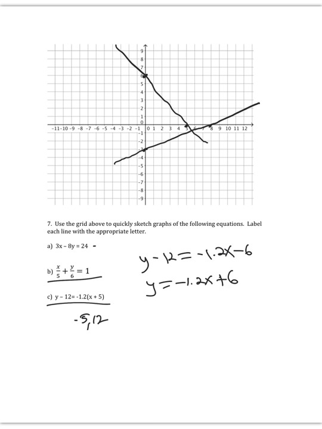So that means that we're going to have the intercept be 0, 6 from that. And when y is equal to 0, we'll find the other intercept: 0 equals negative 1.2x plus 6, or negative 6 is equal to negative 1.2x, or x is equal to 5. So our other intercept is right here. Turns out that these two lines have the exact same equation. Voila.